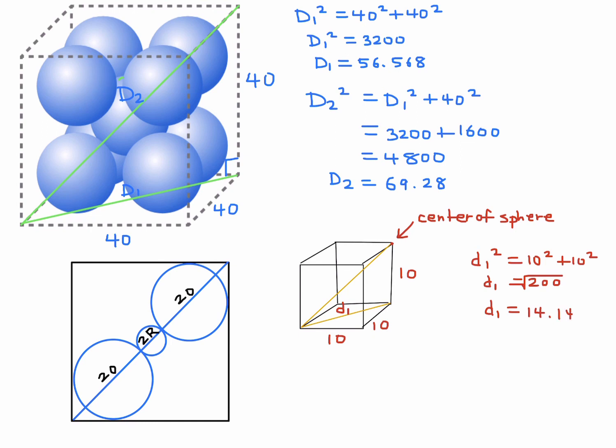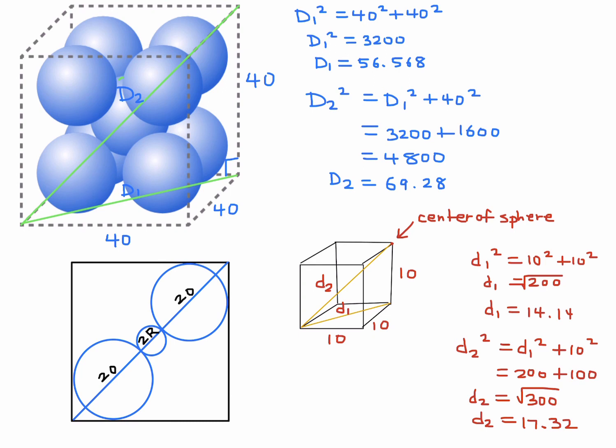And then we can use that to figure out this distance, which I will call small d2. Small d2 squared is going to be d1 squared plus 10 squared, and therefore d1 squared is 200 plus 100, and that's 300, so therefore d2 is root 300. And that is equal to approximately 17.32.